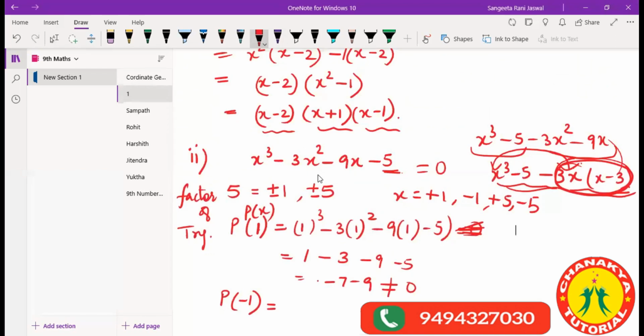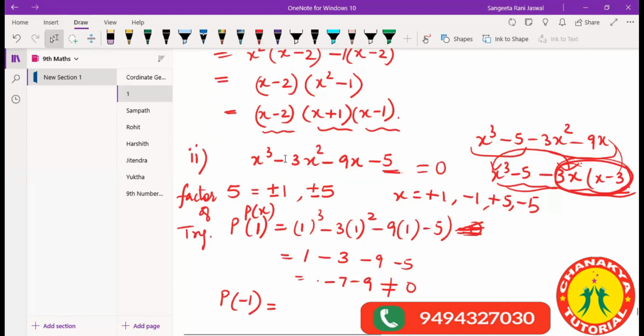Finally I found that this is not equal to 0. If this is not equal to 0, that means 1 is not a 0 of this polynomial equation.